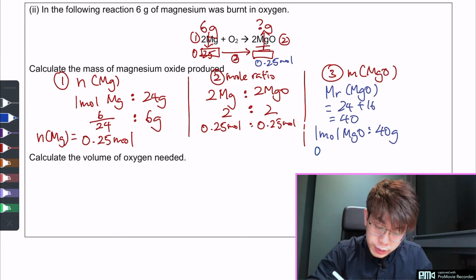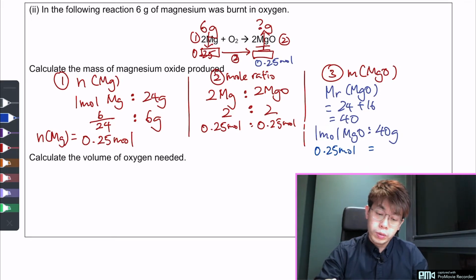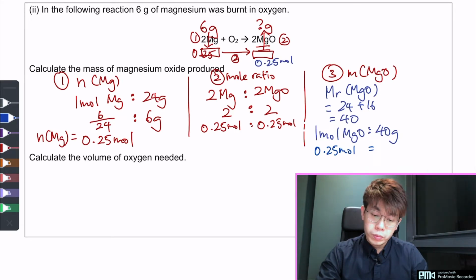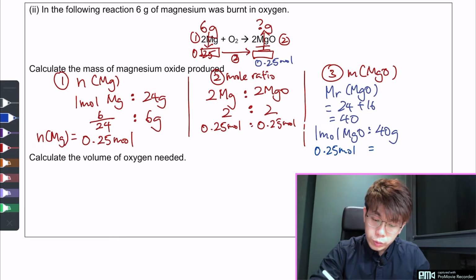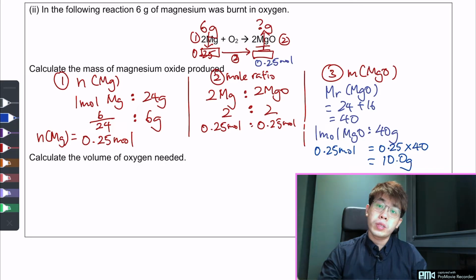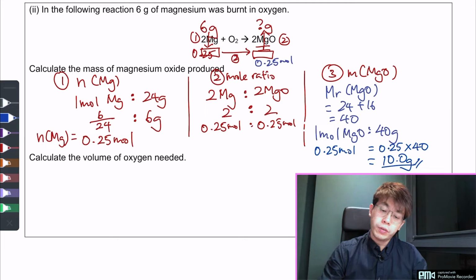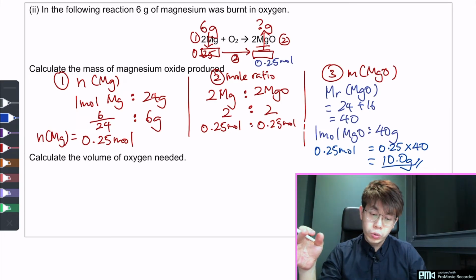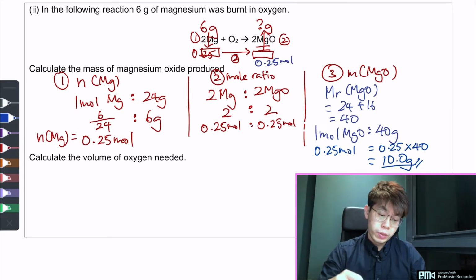So what do I do? I take the 0.25 times the 40, and then I will get 10 grams. Again, making sure that I use 3 significant figures. This is the final answer, so I'm going to put a mark here, and that is the mass of the MgO. So that's the first question.